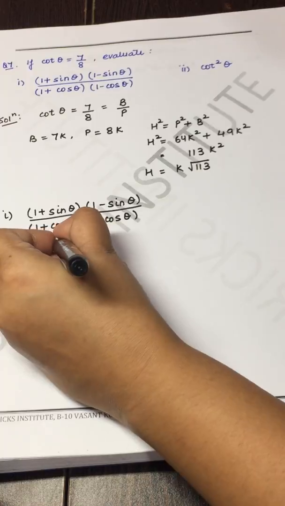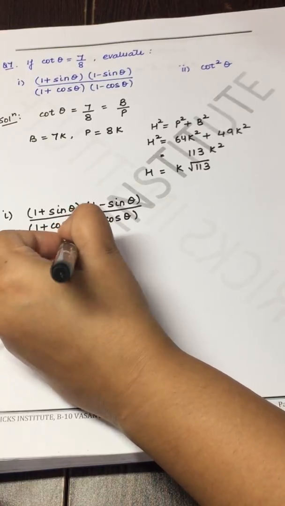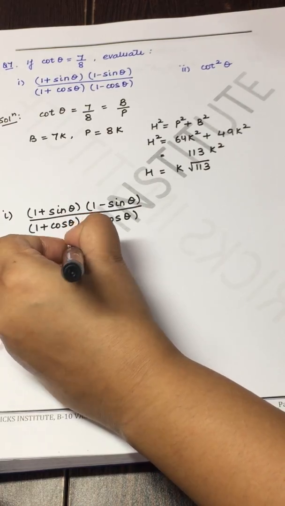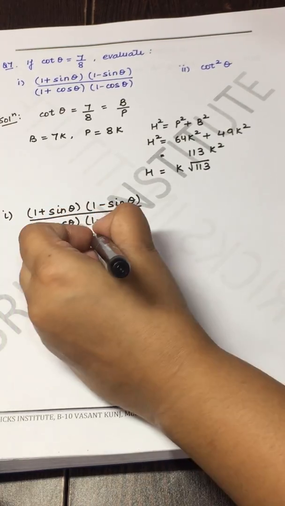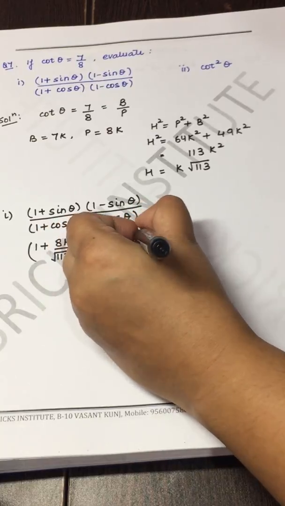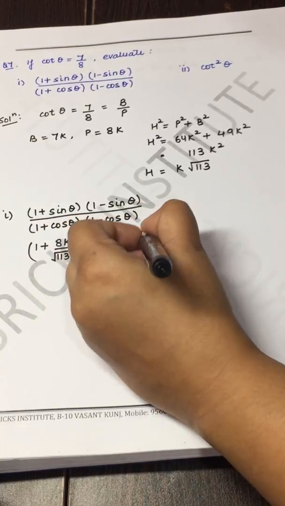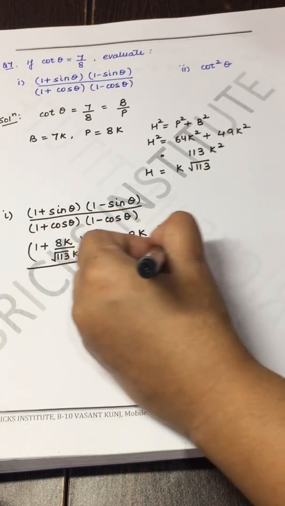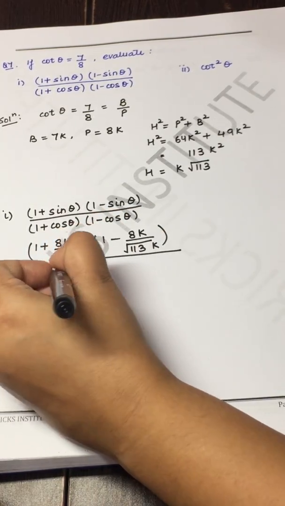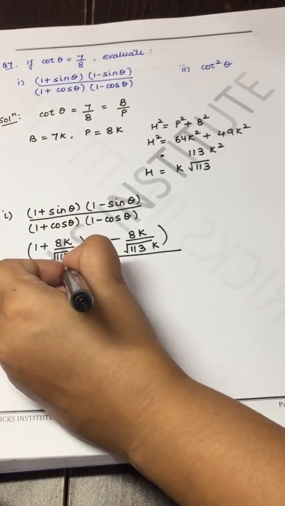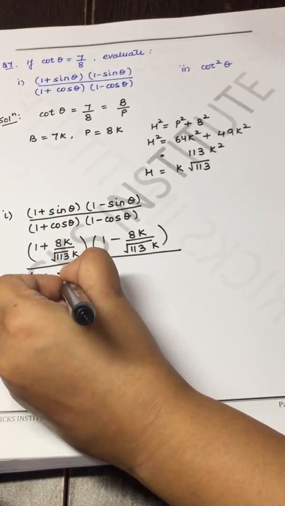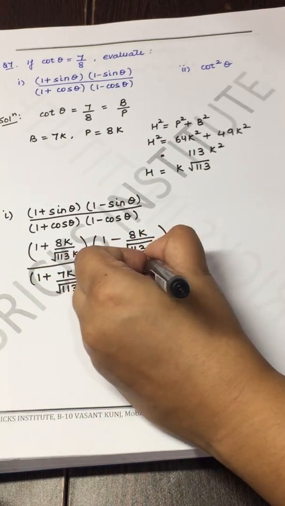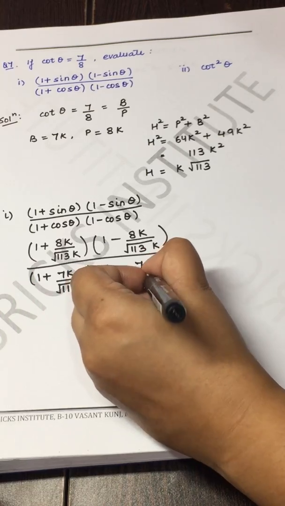So perpendicular is 8K upon hypotenuse is root 113K. 1 minus 8K upon root 113K, upon 1 plus base, which is 7K upon root 113K, 1 minus 7K upon root 113K.